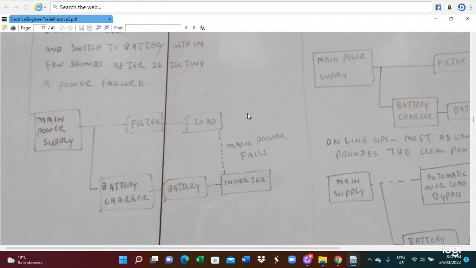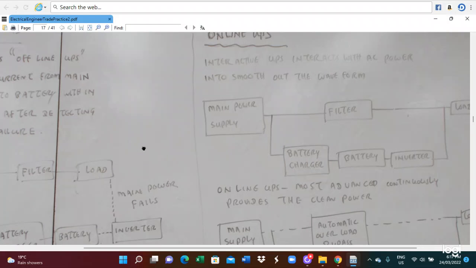So this is the offline UPS system. Normally the main power supply is connected through a filter to the load, and normally the battery is charging. When the main power fails, the inverter supplies the load. This is for the offline UPS system.